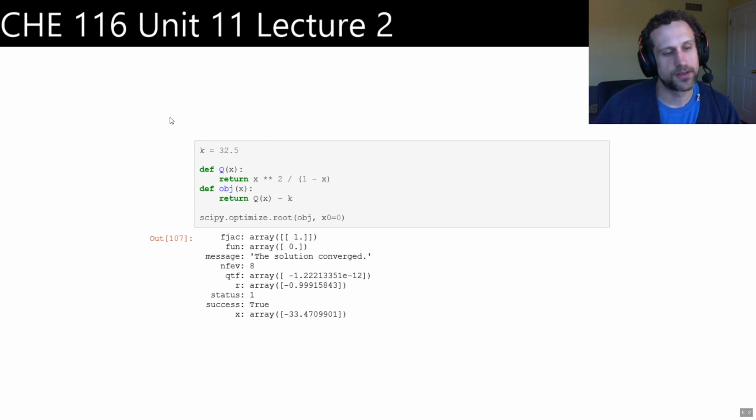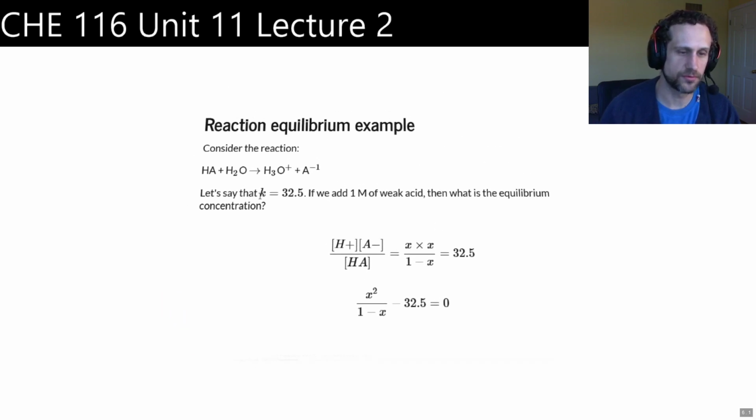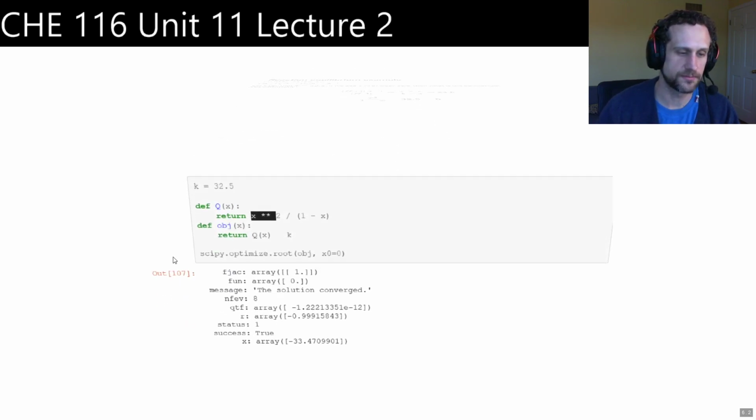So here I set up the Python. So I basically define Q here, and Q is the extent of the reaction. And then I define my objective function, and that is just Q minus K. So to get the root finding, I need to have Q minus K equals 0.